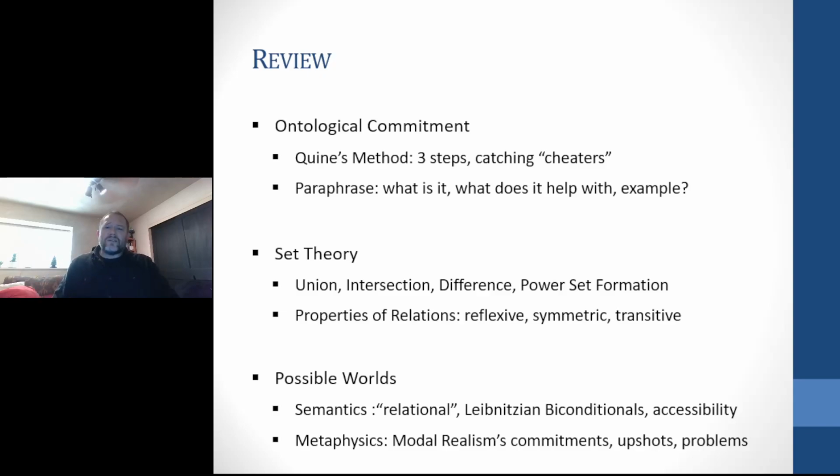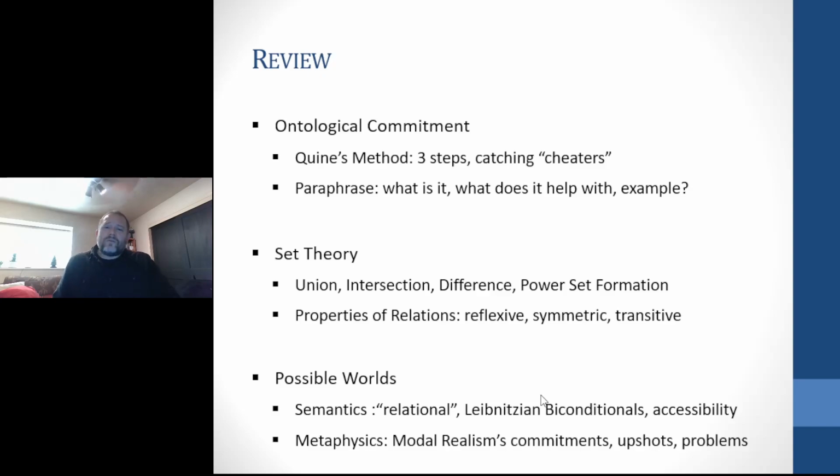When it comes to set theory, the big things are the set theoretic operations. I'll give you some sets and ask you to give me their union, tell me their intersection, give me the difference between them, and talk about how we could formulate a power set of them. Notably, we didn't really get to talk about the properties of relations, so I'm not going to ask you any questions about these.